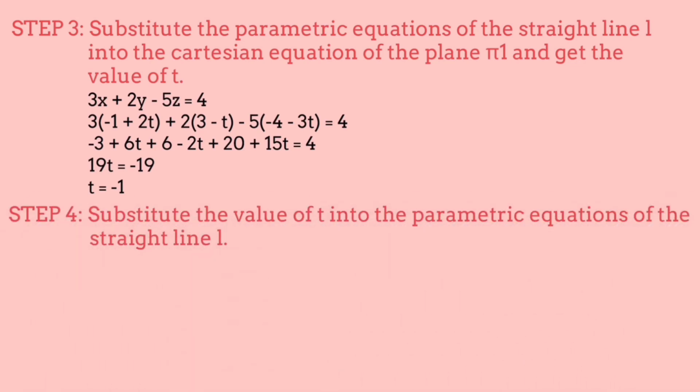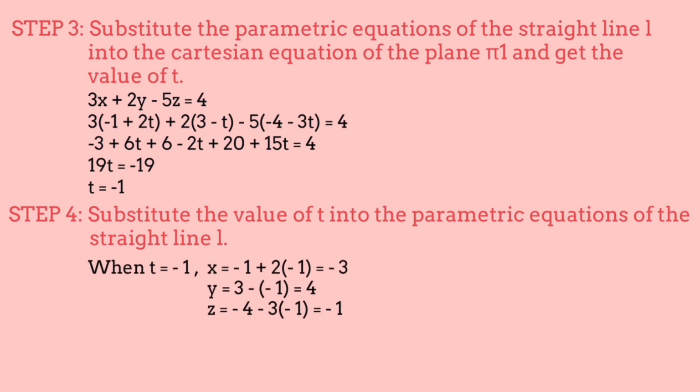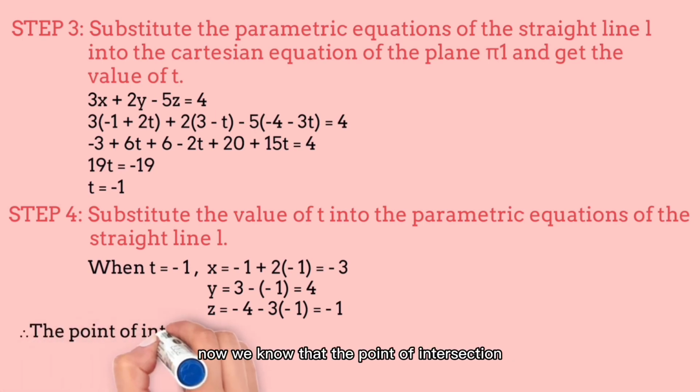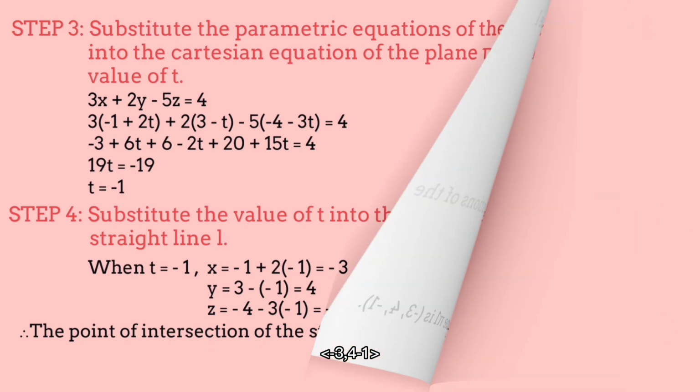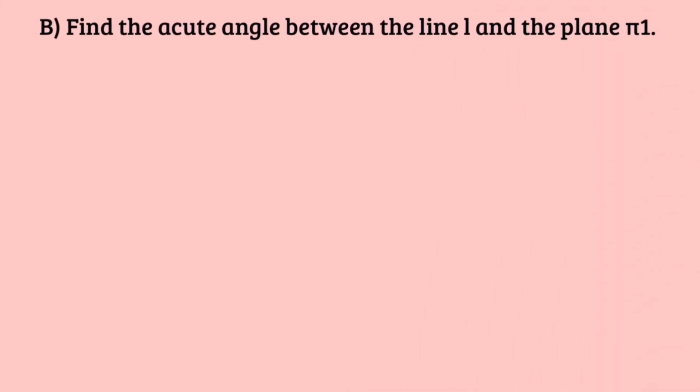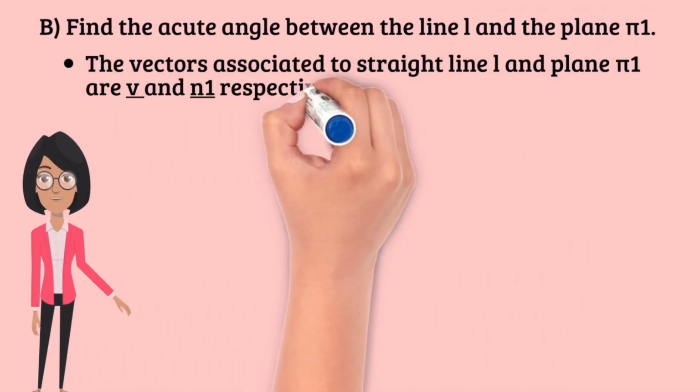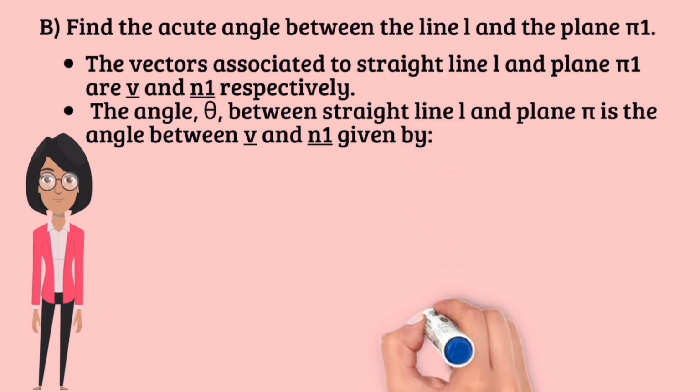Substitute the value of t into the parametric equations of the straight line L. After finding t, we have to substitute it back into the parametric equations to find the point of intersection. Now, we know that the point of intersection of the straight line L and the plane pi1 is (-3, 4, -1).